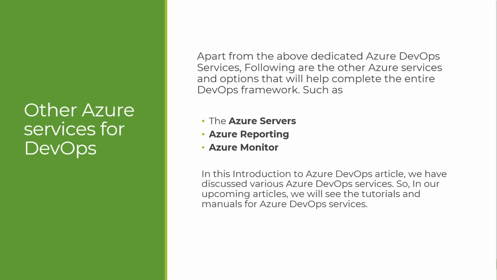So there are additional services that are available with Azure DevOps. Apart from what we've talked about before, there are things like Azure Server, which helps to install, manage, and upgrade processes. Azure reporting gives us a dashboard, and it gives us the ability to integrate with other applications to produce reports, such as Power BI, Tableau, and any other tool that you want to use to review the data.